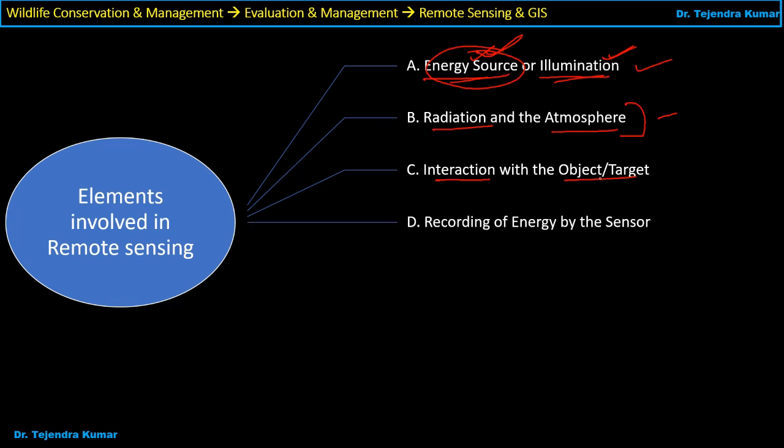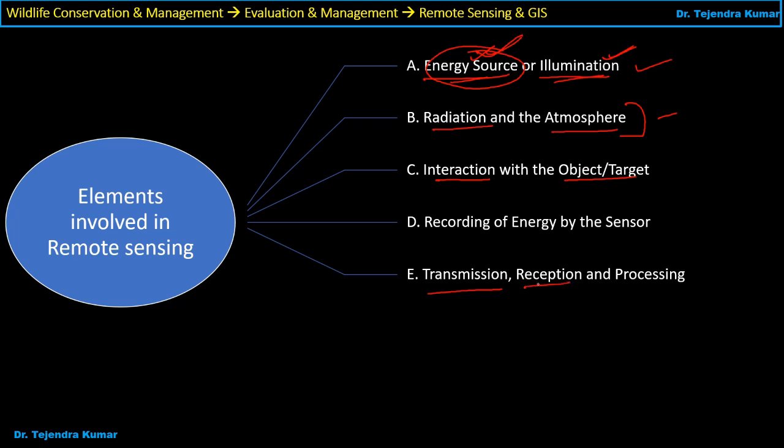Recording of energy by the sensor, as I told you, then transmission, reception, and processing. Actually, transmission is very important. If there is an active kind of system, then an active system transmits the energy, which is helping the receivers and sensors.